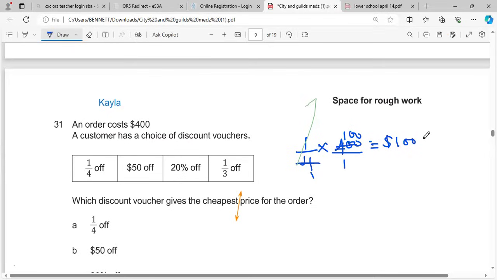So for the next one, it said $50 off. You don't need any working for that. That's what I was thinking. It goes to show that he's going to pay $350 for that one. And for 20% off, you just say 20 out of 100 multiplied by 400.